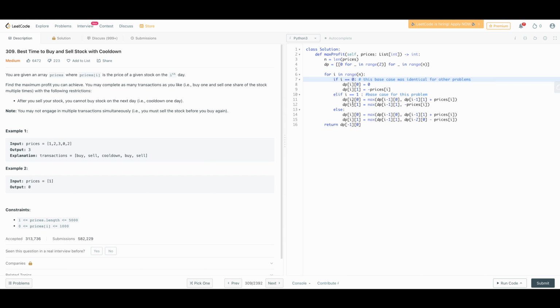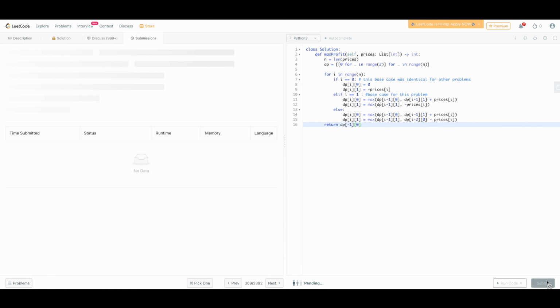Because when we are at, say, I equals 1, this will become dp of I minus 2, which is dp of negative 1, right? But dp of negative 1 comma something doesn't exist in our dp table. So that's why I have this in our else if statement. Anyway, let's run this.